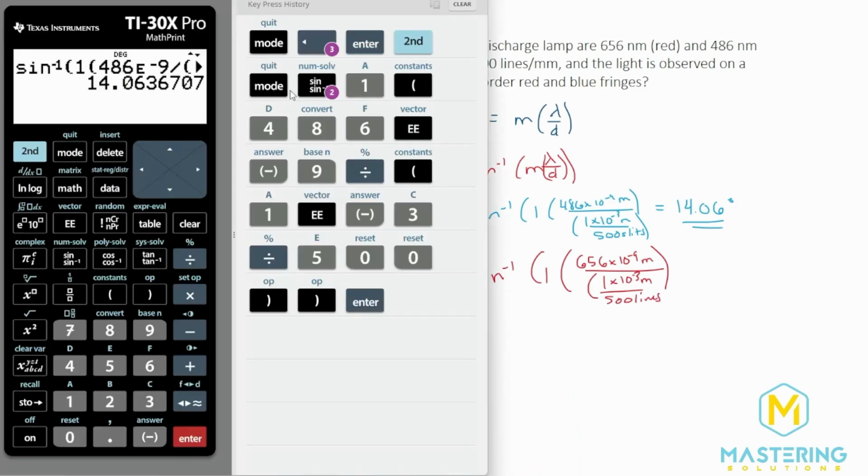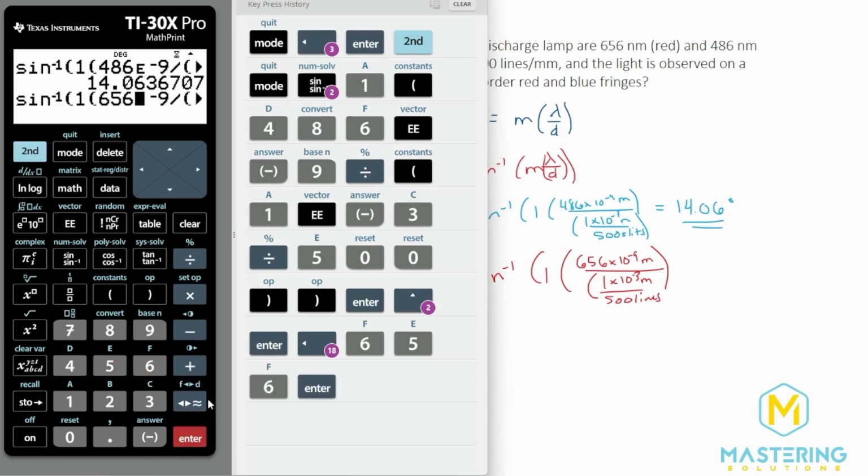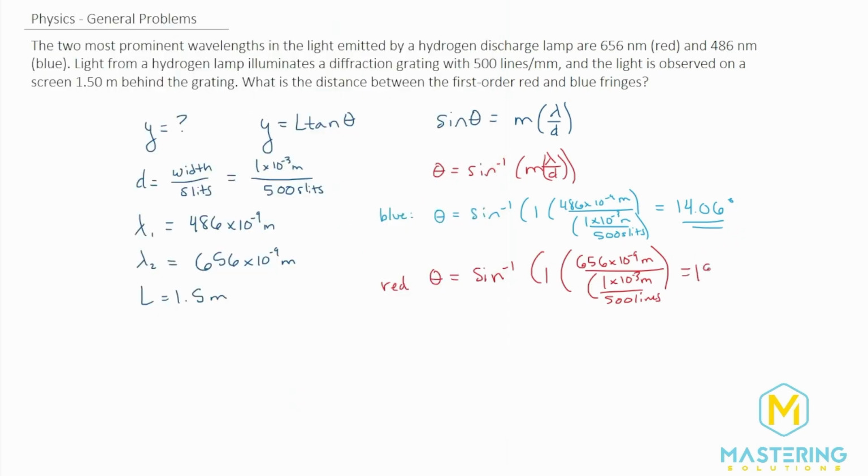So now we can copy all this down and change our lambda to 656. And the degrees for that is 19.15 degrees.